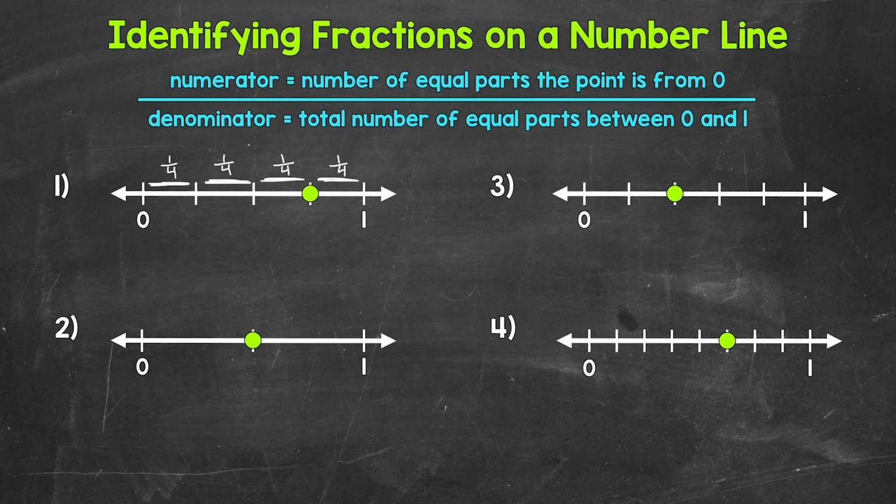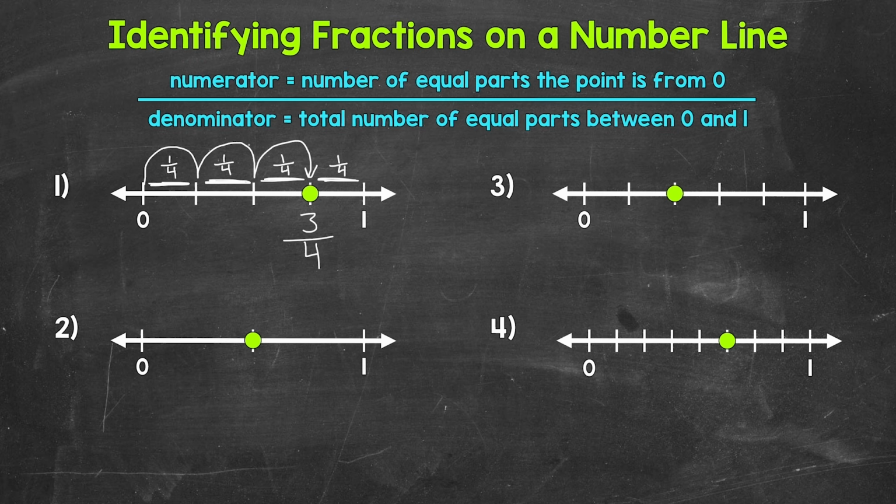So again, our denominator is going to be the total number of equal parts between 0 and 1. So 4 is our denominator. Now we need to figure out our numerator. That's going to be the number of equal parts the point is from 0. So going from 0 here, we are 1, 2, 3 equal parts away from 0.